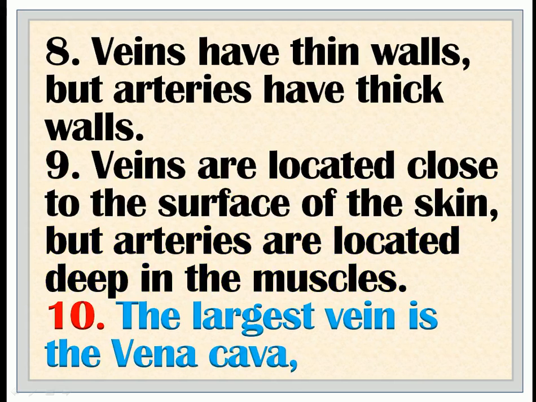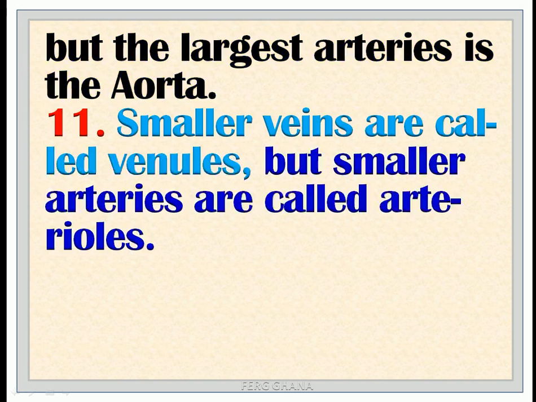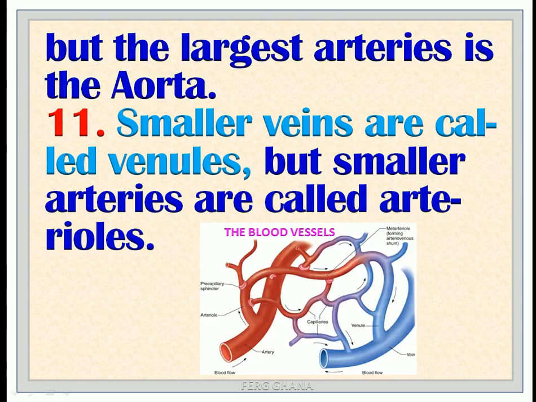Veins are located close to the surface of the skin, but arteries are located deep in the muscles. 10. The largest vein is the vena cava, but the largest artery is the aorta. 11. Smaller veins are called venules, but smaller arteries are called arterioles.